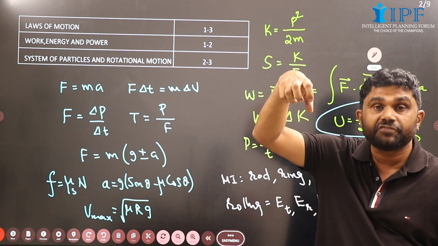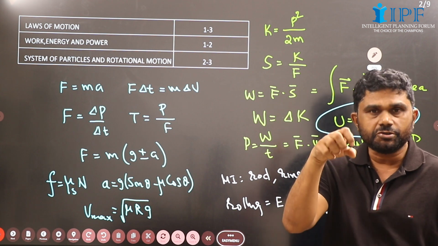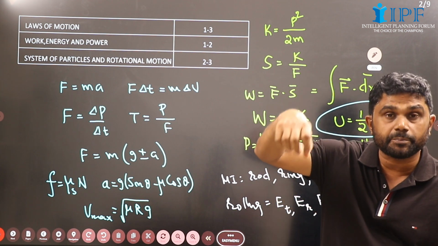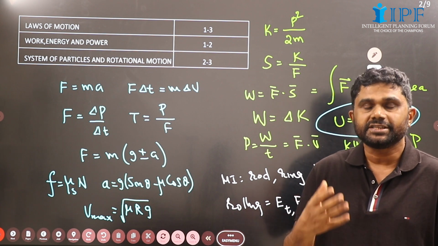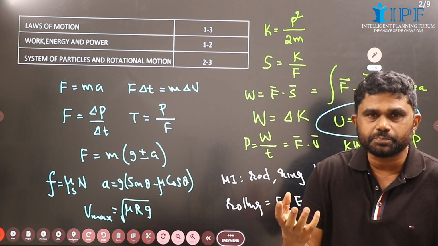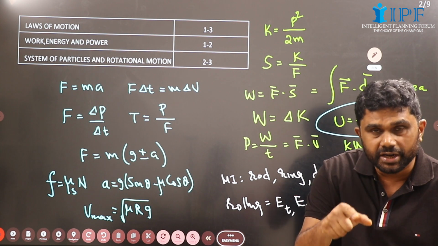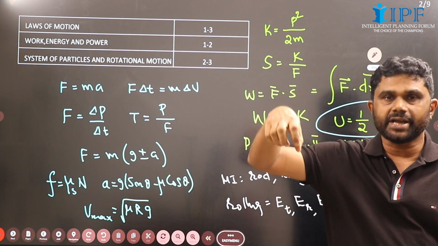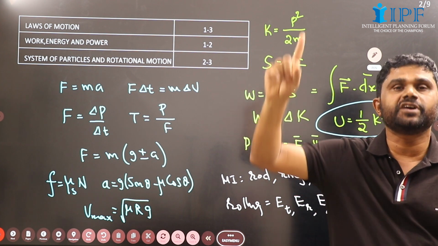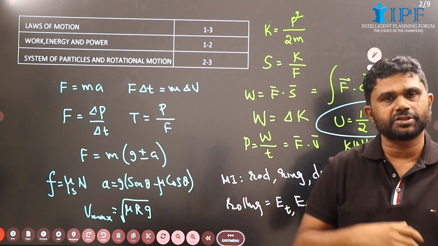Okay, now when the lift is going down, then m into g minus a is the force with which the block presses on the floor of the lift. See, then this block will experience an equal reaction exerted by the floor. So that reaction will be acting on the block in the upward direction. So what are the forces acting on the block?